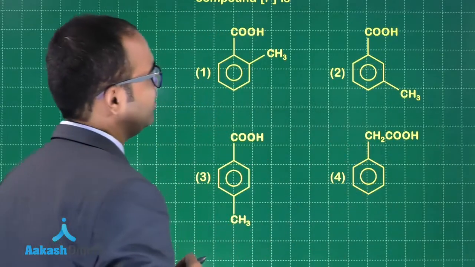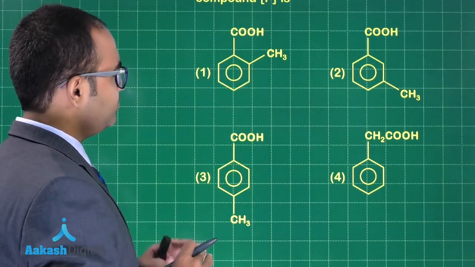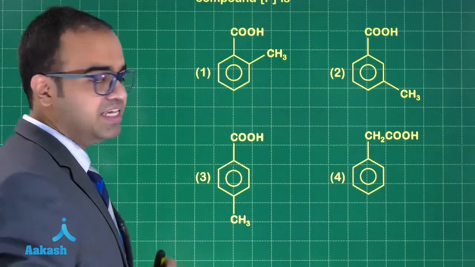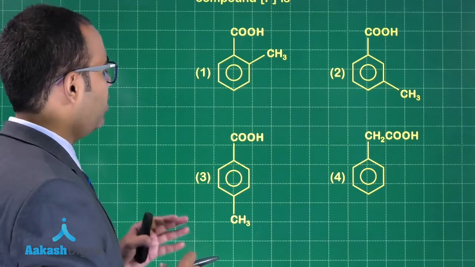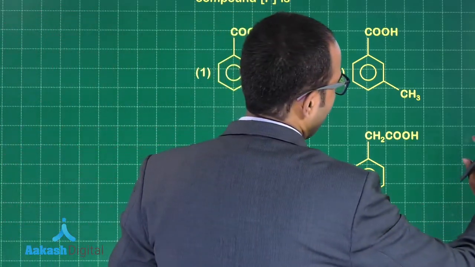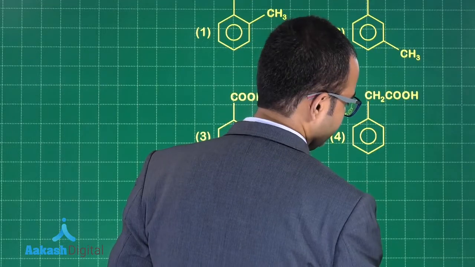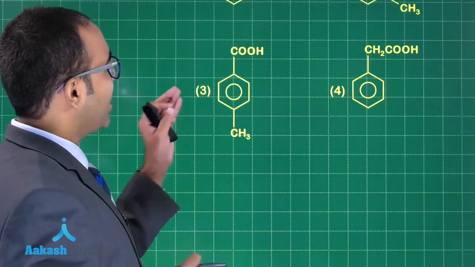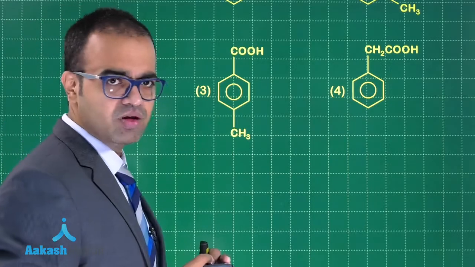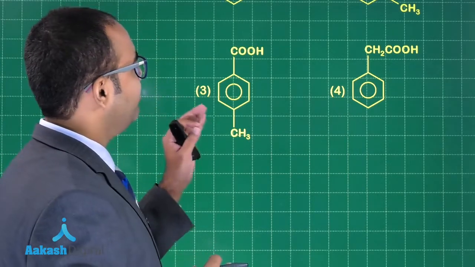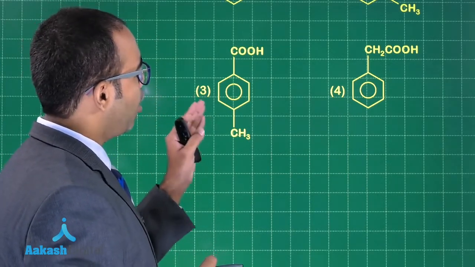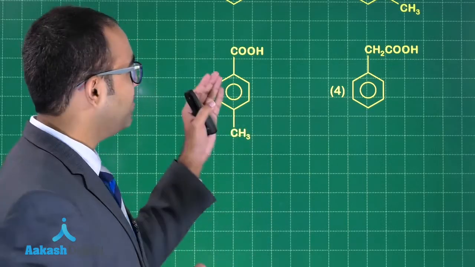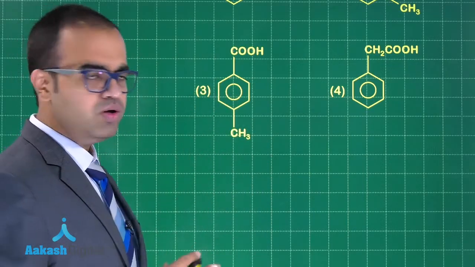These are the options available to us. If I look at option 3, I can start the solution with option 3. There is a reason for that, guys: if I carry out bromination of this, the only possibility where bromine can go is ortho to CH3 and meta to COOH.